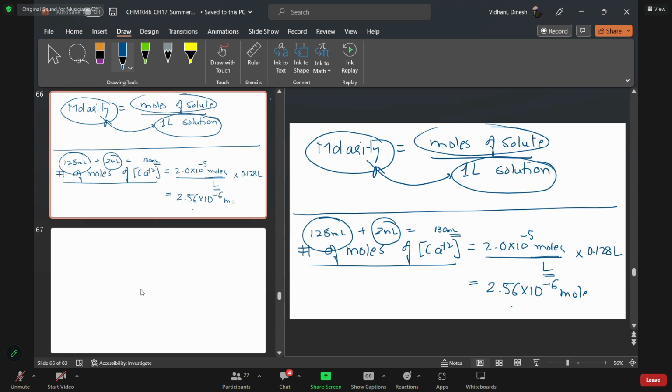Negative 6 moles. Now, if I use 130 milliliters, can you tell me the number of moles in that case? Suppose I made an error and used 0.130 liters, what would be the change in the number of moles?